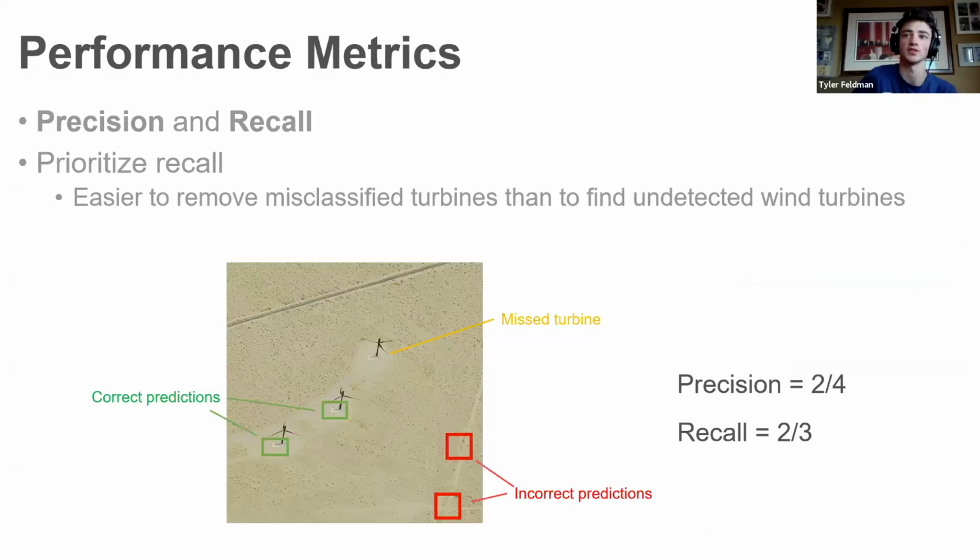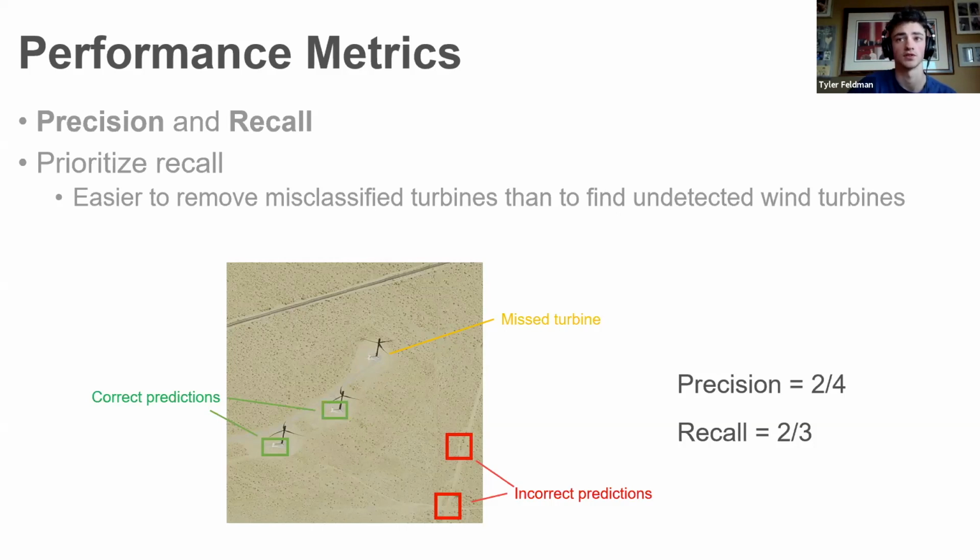And so before looking at these results, you have to understand the metrics that we're using to analyze the performance of the model. We're using precision and recall. For this project, you can interpret precision as: out of the objects that the model did classify as wind turbines, what fraction of them were actually wind turbines.